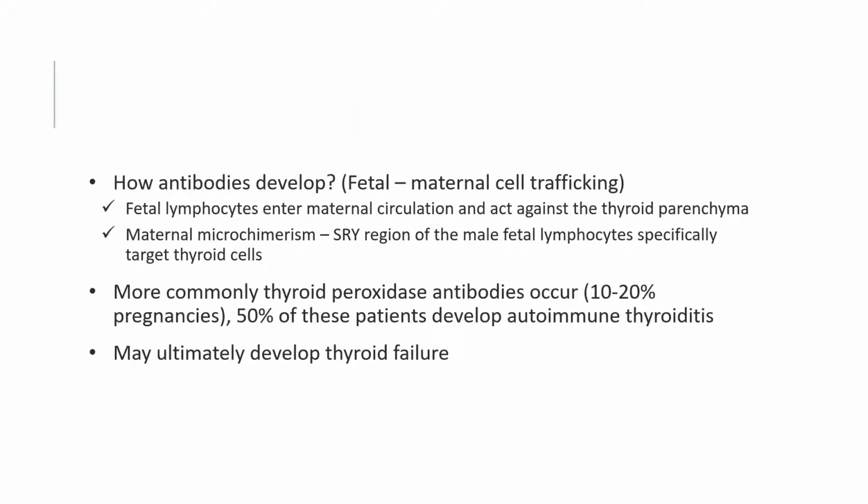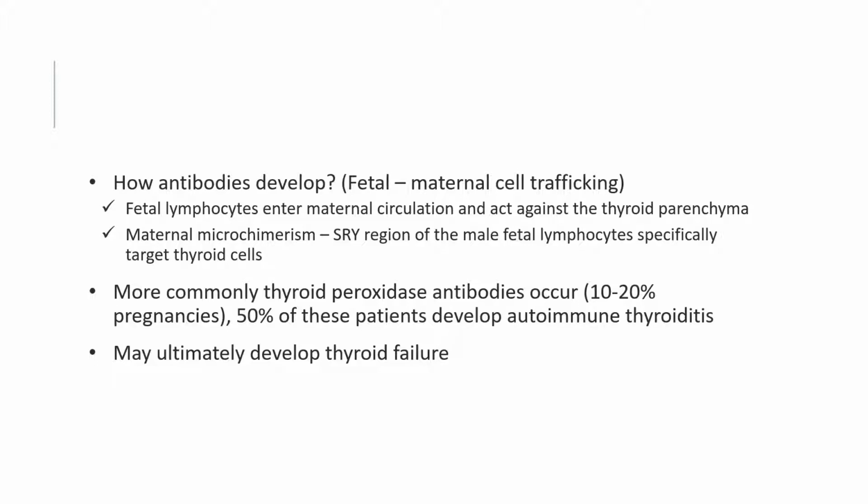Now, how do antibodies develop in pregnancy? There is fetal to maternal cell trafficking going on, right? Fetal lymphocytes enter the maternal circulation and act against the thyroid parenchyma. Now, the maternal microchimerism phenomenon works.